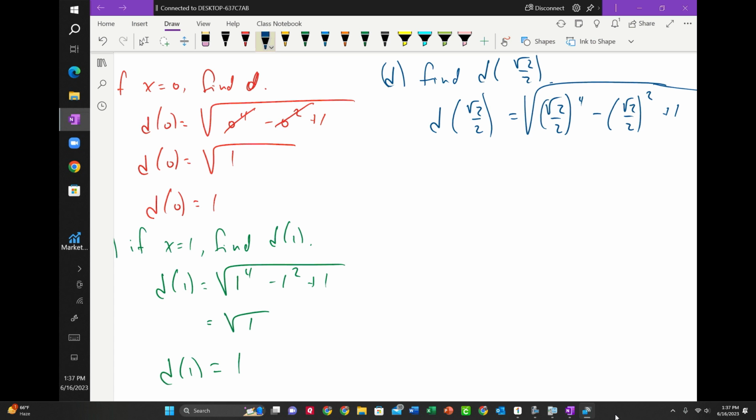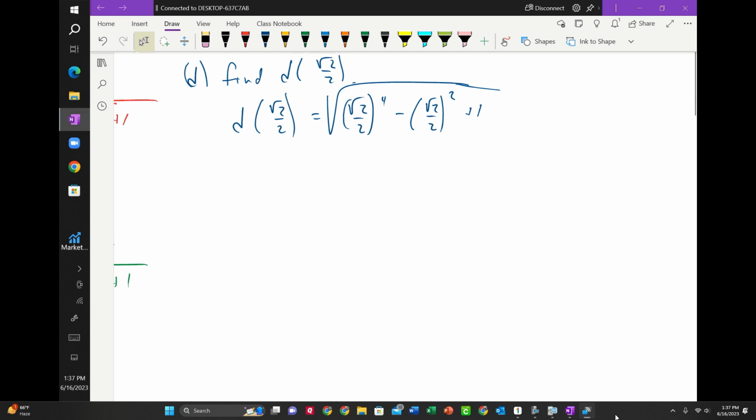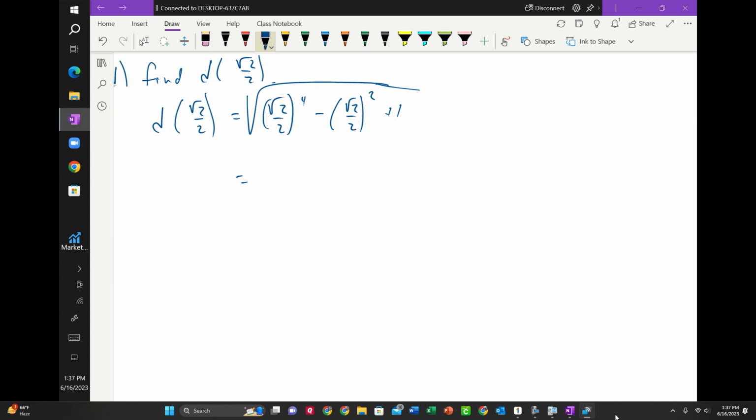So that gets a little more intriguing because we got some interesting powers. So what I would do is rewrite this as the square root of 2 over 2 squared and then squared, that gets us our fourth, and then minus the square root of 2 over 2 squared plus 1, square root of the whole thing.